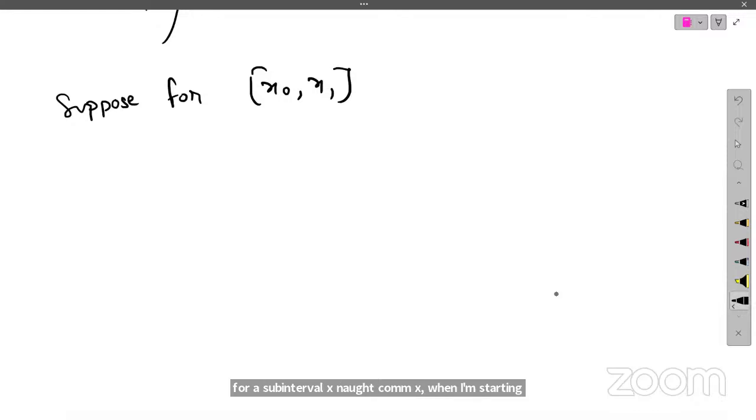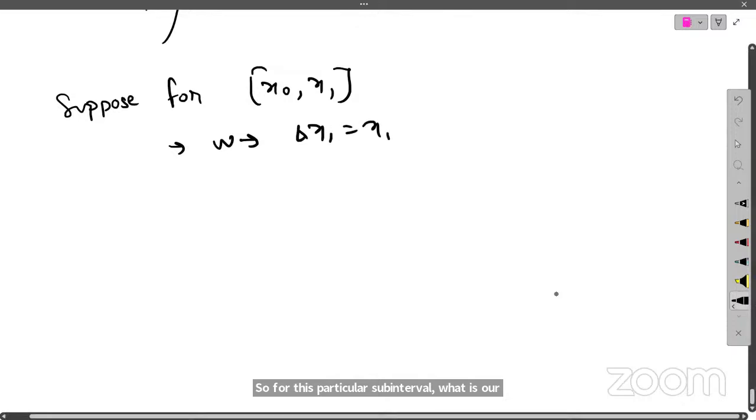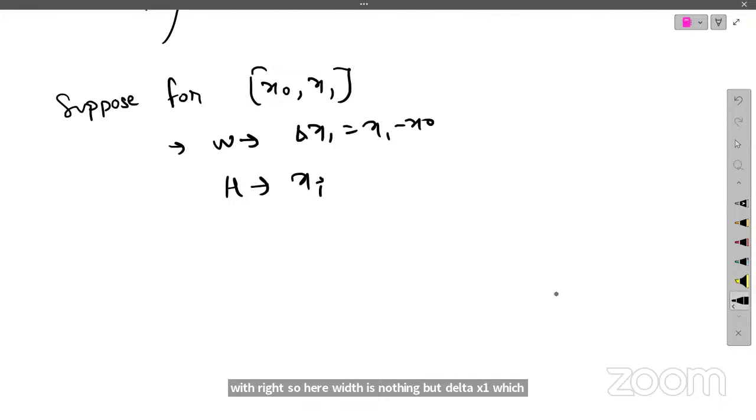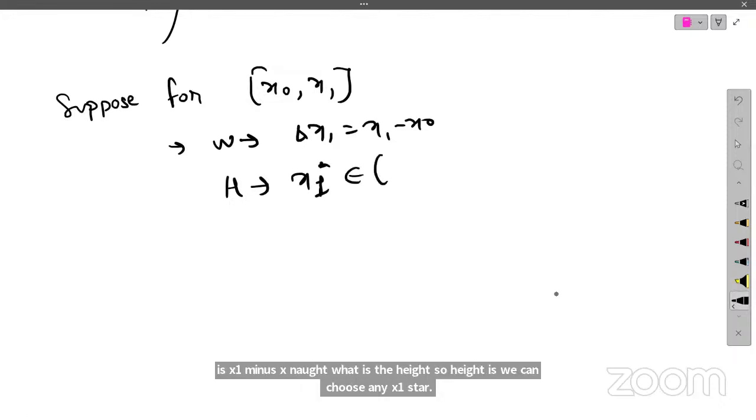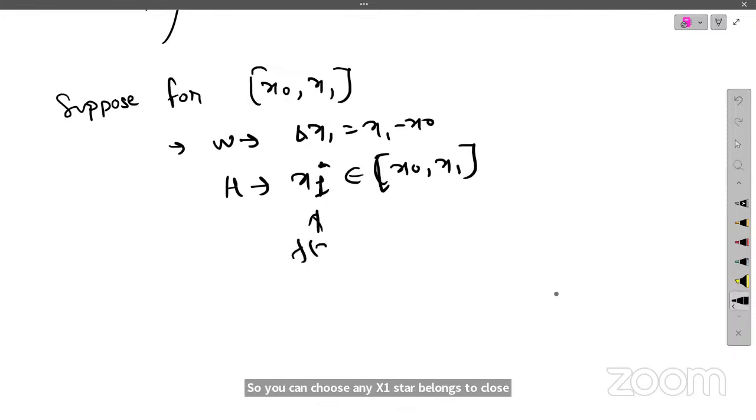For this particular subinterval, what is our width? Here the width is nothing but delta x1, which is x1 minus x0. What is the height? We can choose any x1 star belonging to the closed interval x0 comma x1, and that f of x1 star we can choose to be our height.